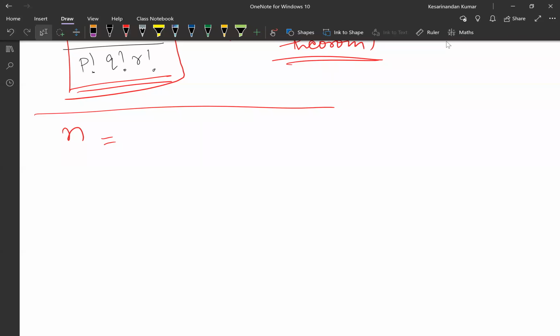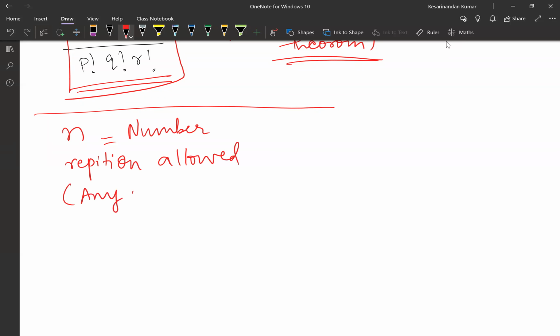If I picked up the red ball and I'm putting it back again, how many combinations can you get? To state it again, n is the number of total objects, and repetition is allowed. That means you can use it any number of times.